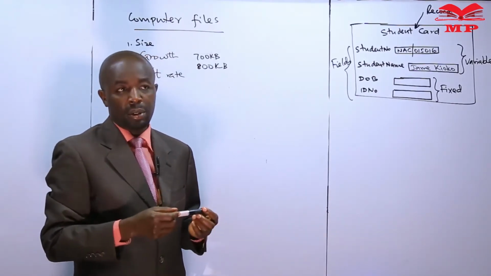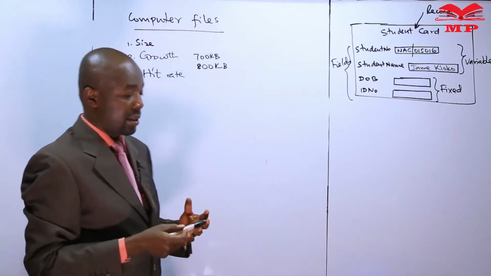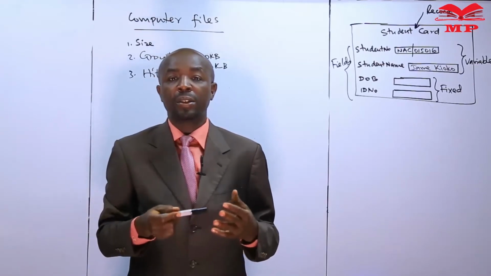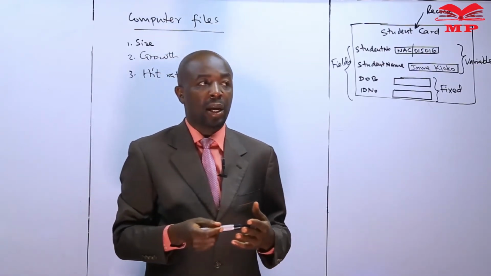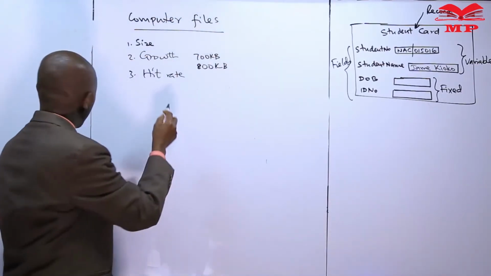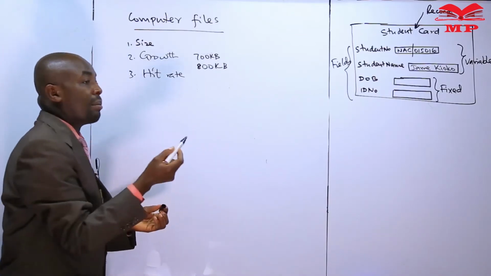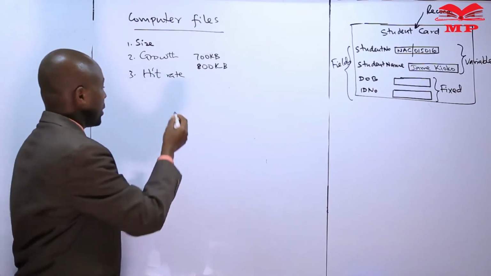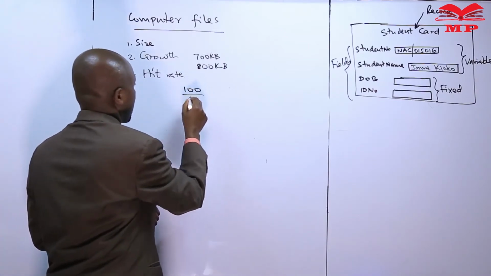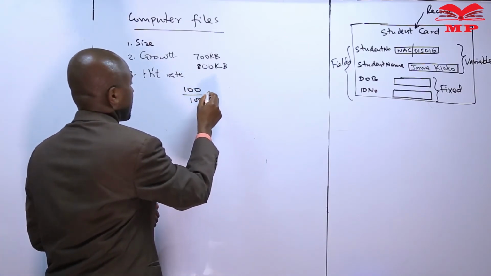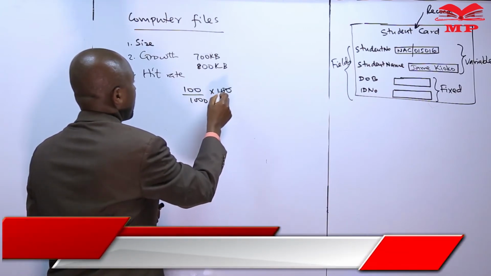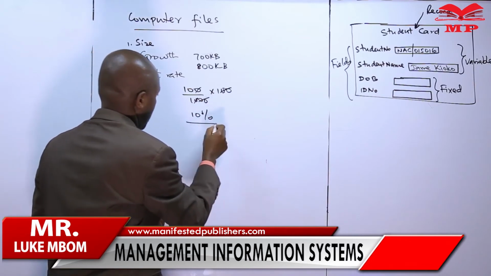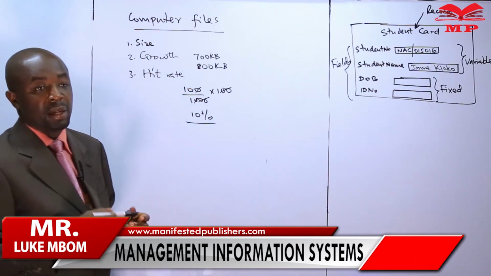It is a ratio: the ratio of the number of records accessed to the total number of records in a file, expressed as a percentage. If I am accessing 100 records and my file has 1,000 records, my hit rate will be 100 over 1,000 times 100, which is 10%. That is the hit rate, the activity rate of the file.